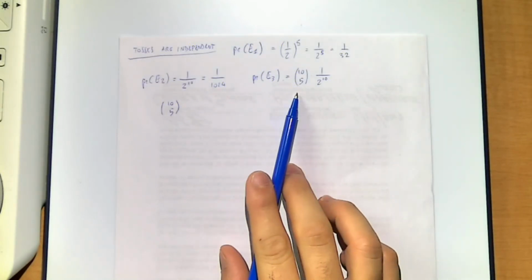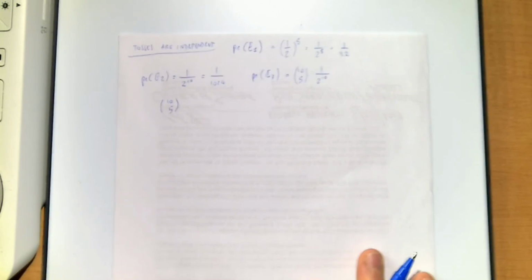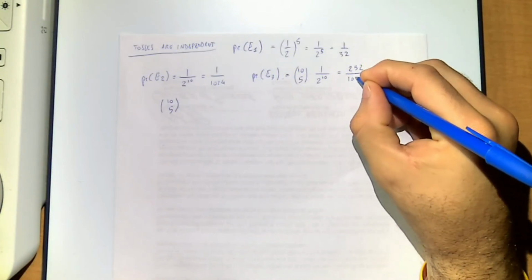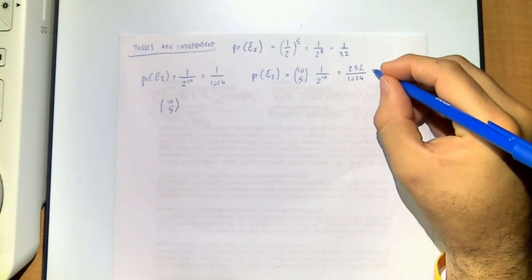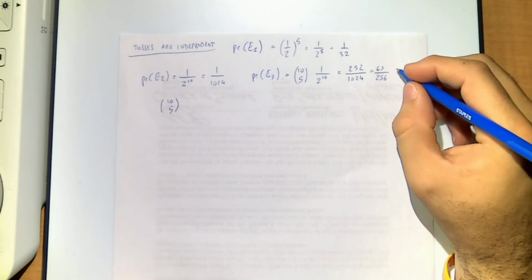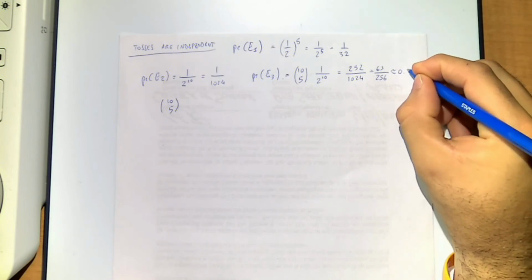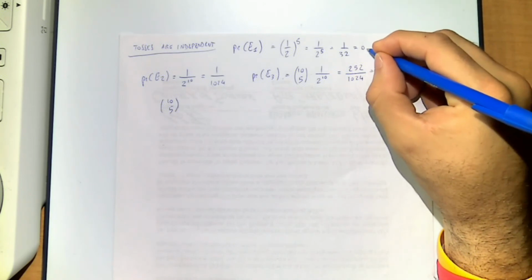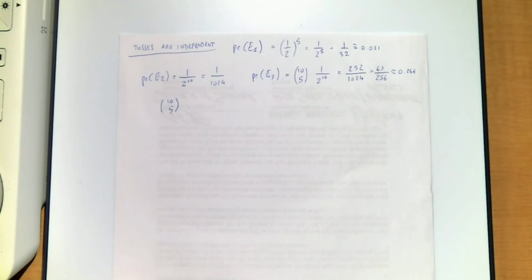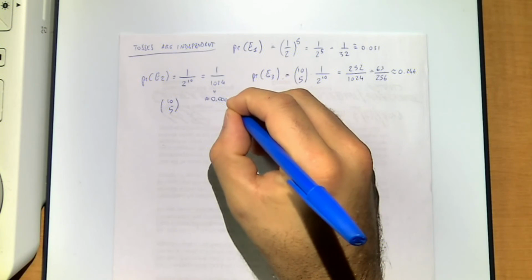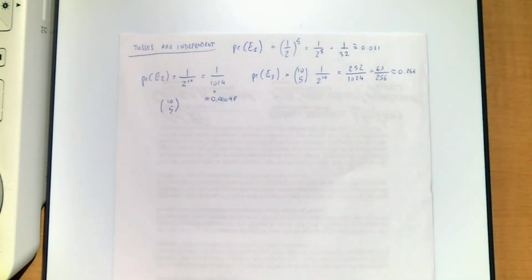This corresponds to choosing one particular positioning. This is in fact 252 over 1024, which is 63 over 256, approximately 0.246.